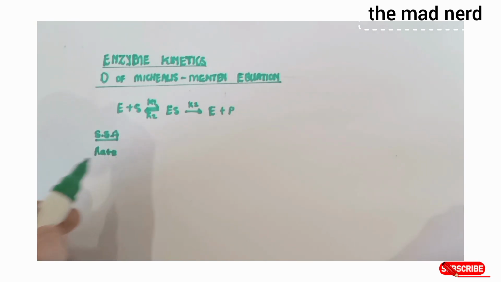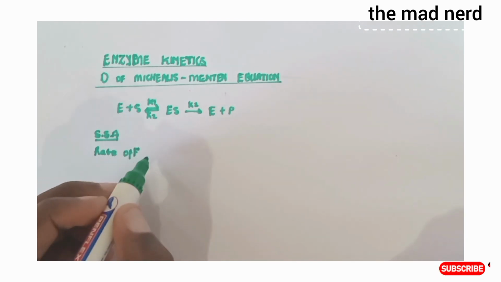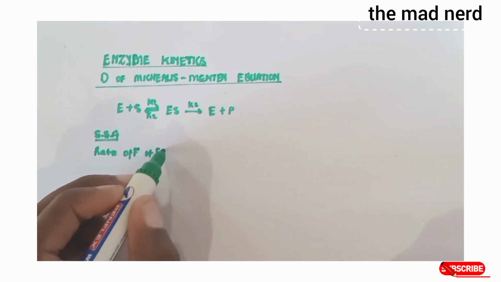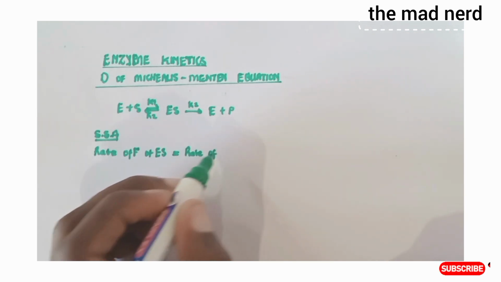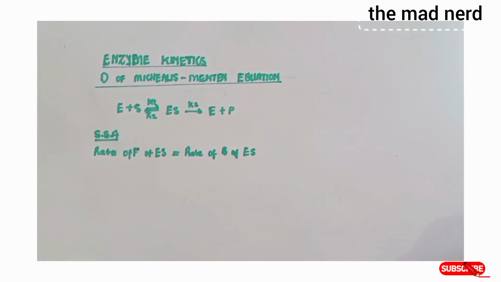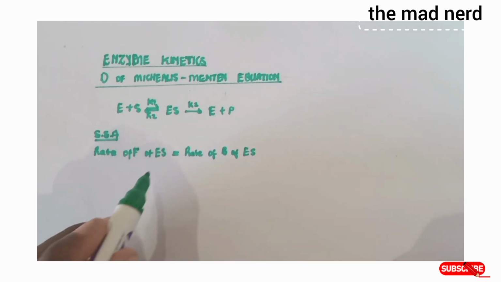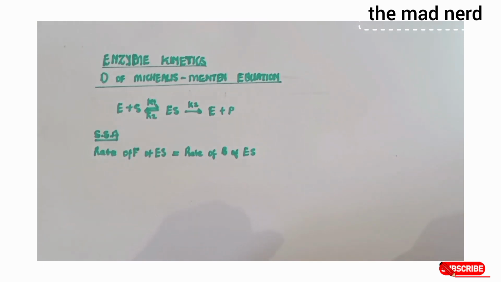Let me write it down: the rate of formation of ES is equal to the rate of breakdown of ES. That is the steady state assumption. It states that the rate of formation of the enzyme-substrate complex is equal to the rate of its breakdown.